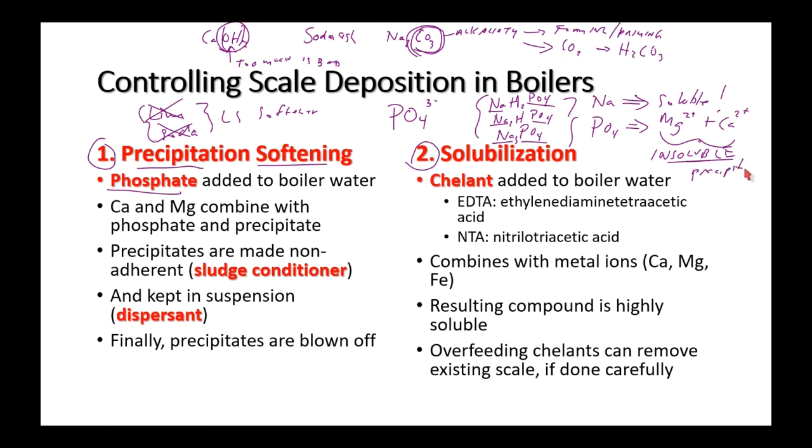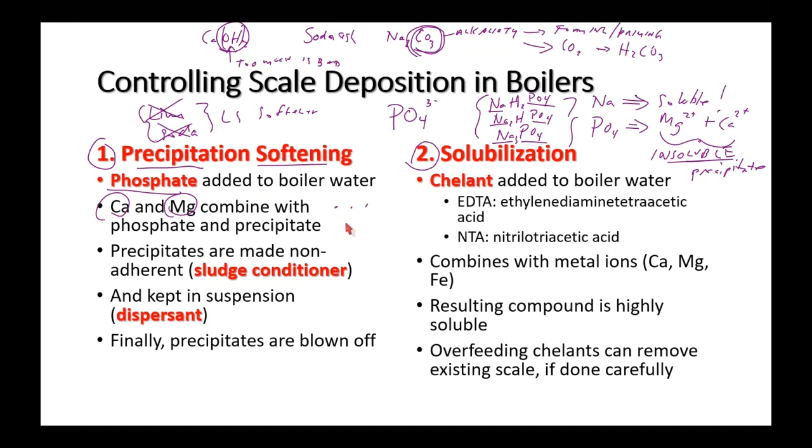So it's like we did before in the lime soda reactor, but instead of using lime or soda, we're going to add phosphate. What we end up with is calcium and magnesium phosphate compounds, and they're going to precipitate as tiny little particles. And so then what we have to do is prevent these particles from baking on.